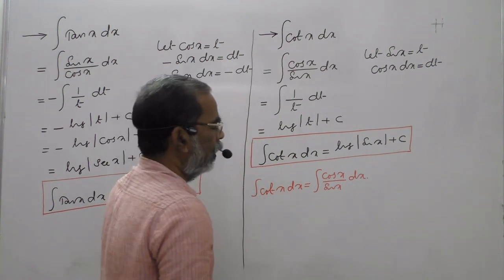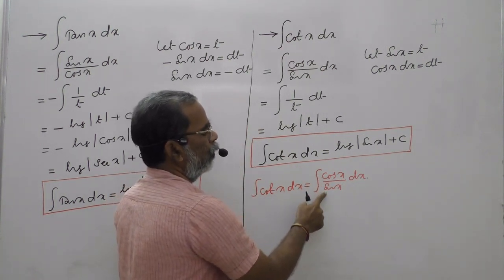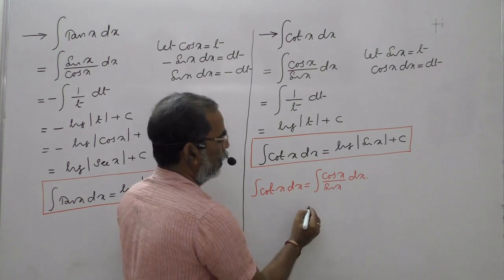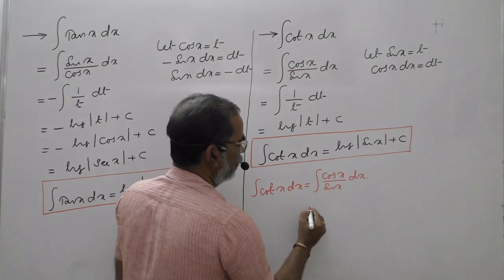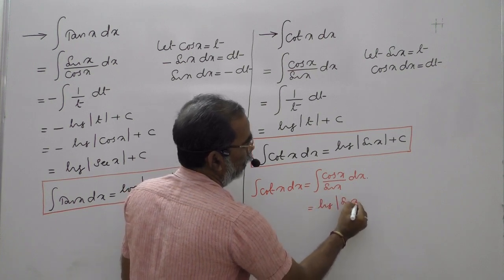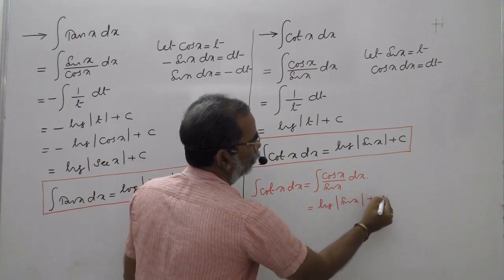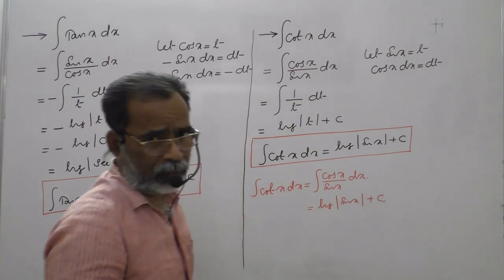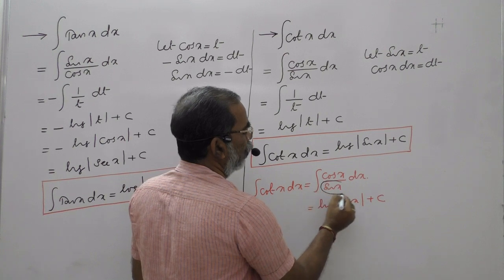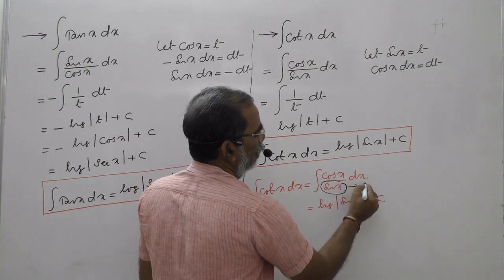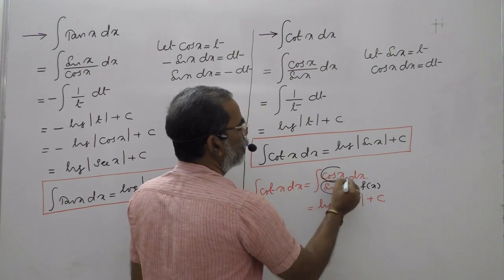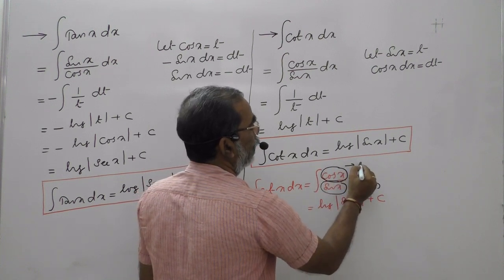Here cos is in the numerator and sin is in the denominator. Directly you can write it as log of mod sin x. How did I write this? Because I have supposed sin x as f(x), then cos x is f'(x).